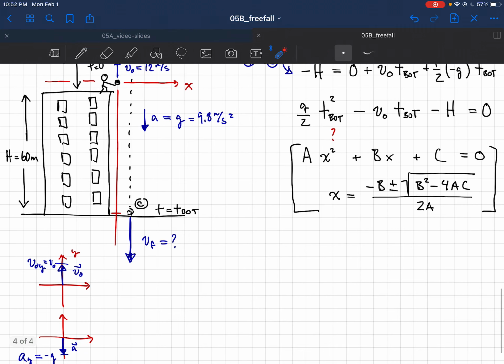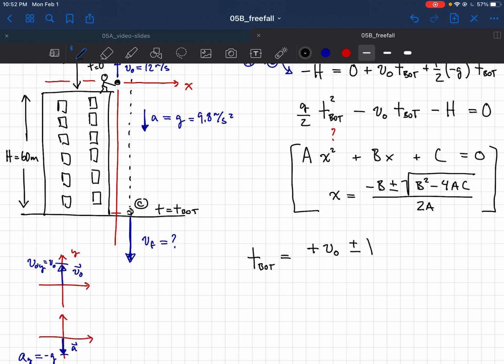Well, that's exactly what I have, except that it's an equation in t instead of in x. So I can write t bottom is equal to the opposite of b. So what's the opposite of b? Well, b here is minus v naught, so the opposite of that is plus v naught.